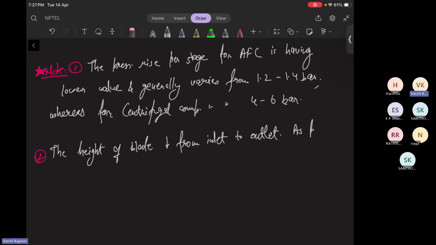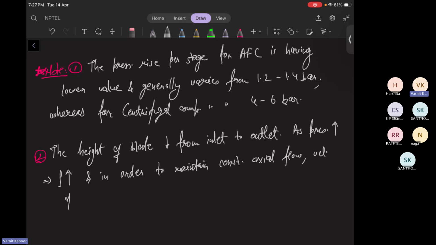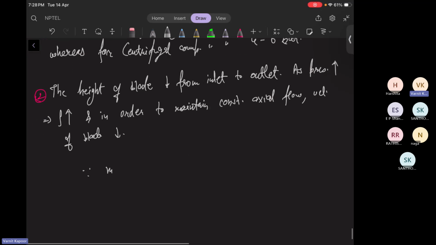As pressure increases, density increases, and in order to maintain constant axial flow, the velocity of flow decreases, since mass flow rate is nothing but rho into area into flow velocity. If rho is increasing, the velocity of the flow has to decrease. In the centrifugal compressor, your pressure diagram was first decreasing, then increasing, and then increasing further. But here, from the start itself, it is continuously increasing.